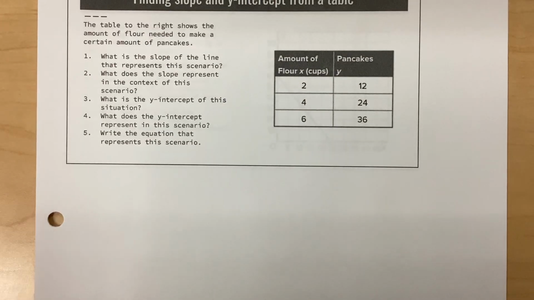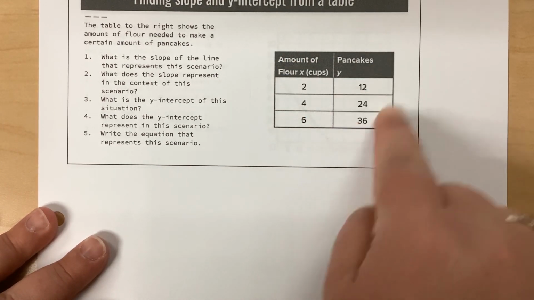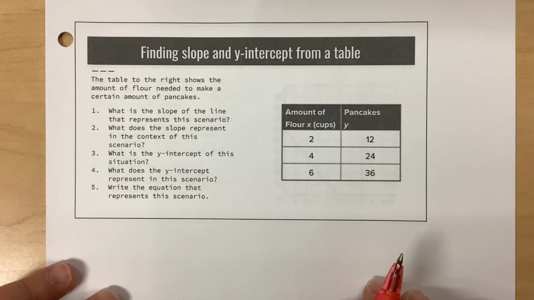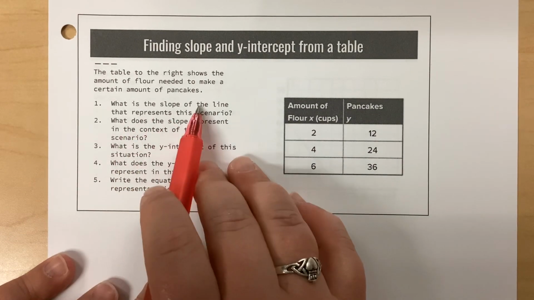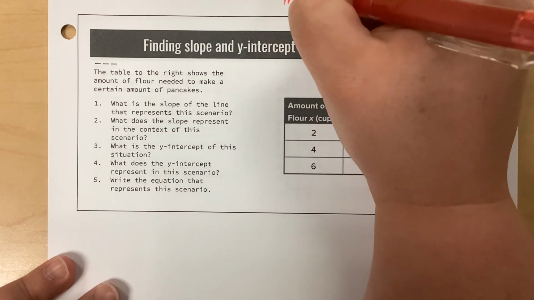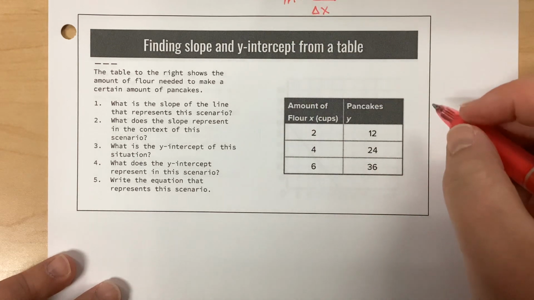The table to the right shows the amount of flour needed to make a certain amount of pancakes. All right, so we've got the amount of flour, which is x, number of pancakes, which is y, and we're going to find the same two things that we found for the last few problems. First, what is the slope? Again, slope, or m, is always change in y over change in x. So let's find the change in y.